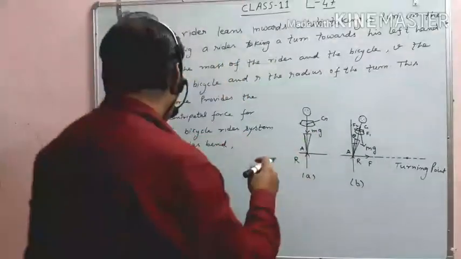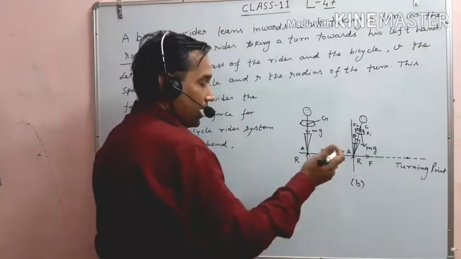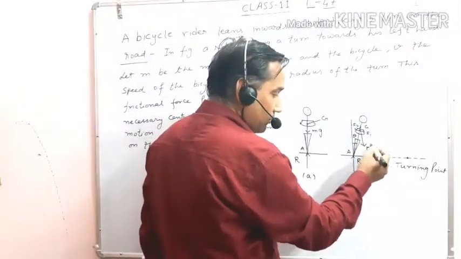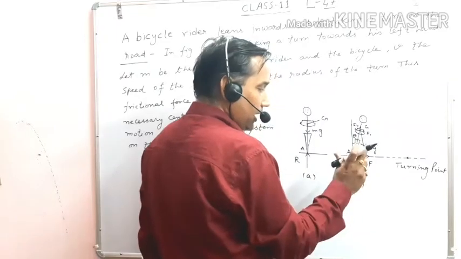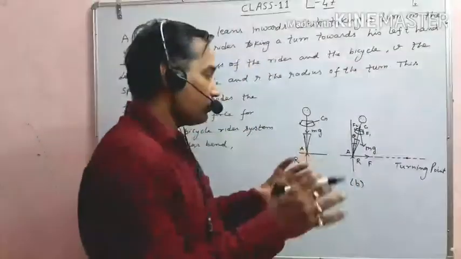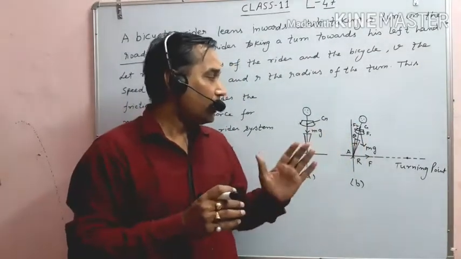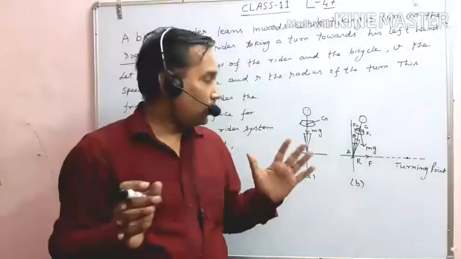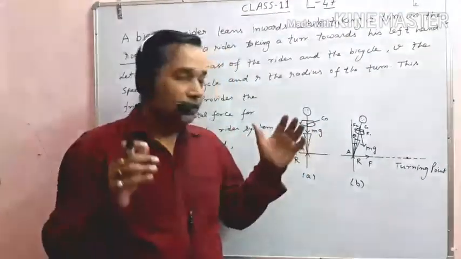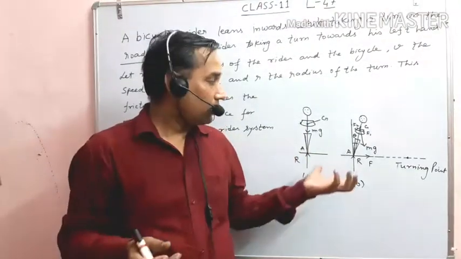So now in this situation, two couples of forces act on that system. One couple is due to mg and R, and the other is F2 and F. So both are equal in this situation. Then the person leans at a theta angle and maintains the bicycle balance. So the required centripetal force will be gained itself.